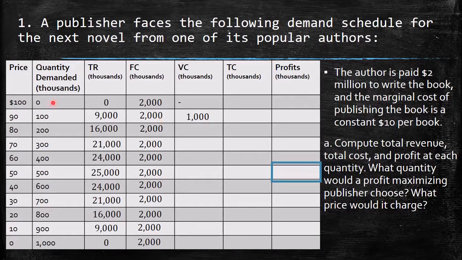Here we have the variable cost. Remember, when there are zero books produced, your cost is going to be 0 because you don't produce anything. So we represent that here. Then we have here 1,000. It comes from the quantity demanded in thousands times 10. It is still in thousands, because if we have 100,000 times 10, it's 1 million.